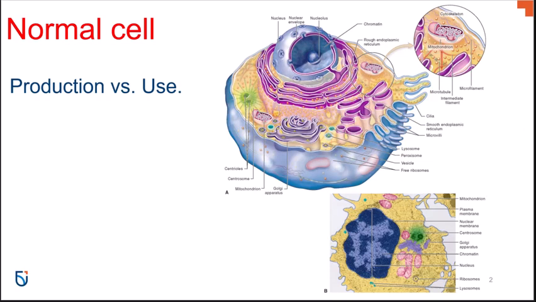Another important term is the rough endoplasmic reticulum. So you can see the endoplasmic reticulum all through here, but what makes it rough is the fact that it has all these ribosomes present all over it, giving it a rough appearance compared to that of the smooth endoplasmic reticulum that lacks those ribosomes. Ribosomes are found on the endoplasmic reticulum, but they're also found free-floating.